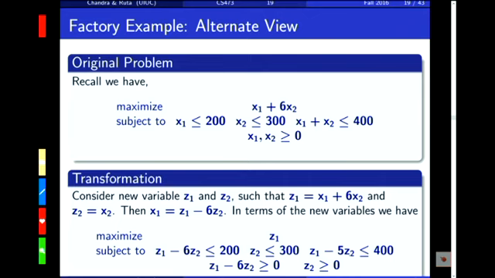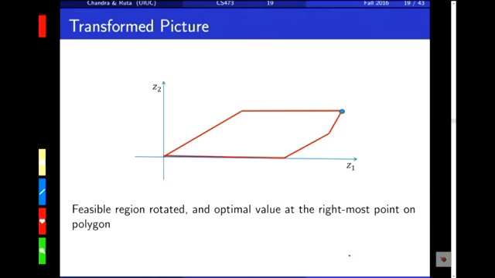So the optimum has to be at some extreme point of the polytope, which typically will be a vertex. It could be an edge. If this was a vertical line, the entire edge would be optimum, but there will always be a vertex which is optimum.